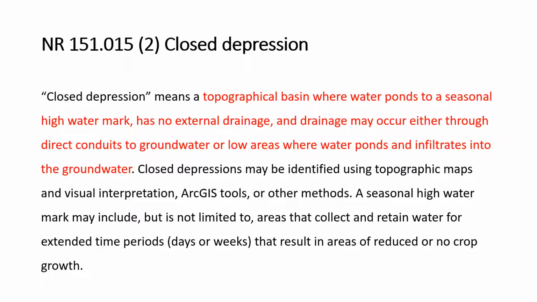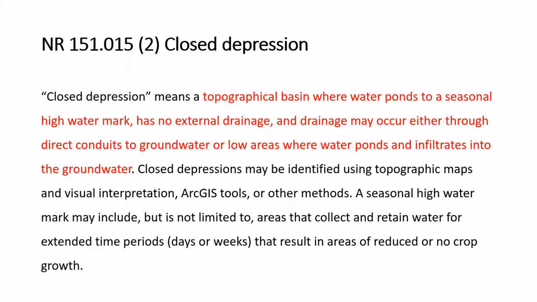And closed depression is mentioned specifically in that shallow bedrock standard, and that's where its primary focus is. It's in 2 locations there where it prohibits surface manure applications within certain distances of closed depressions.